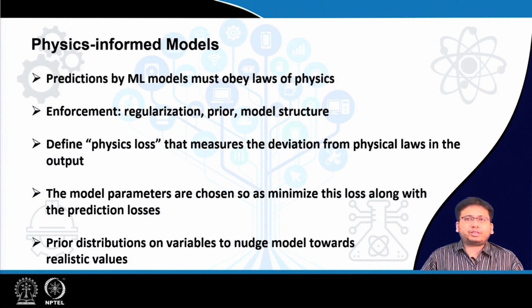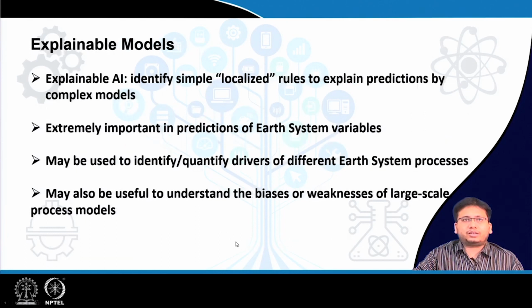So, along with the empirical loss, we can add the physics loss also, so that the learning algorithm can modify the parameters so as to minimize this physics loss. And then of course, in case of probabilistic models, we can have prior distributions on the different variables to nudge the model towards realistic values.